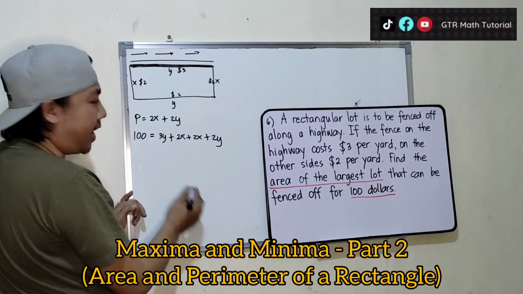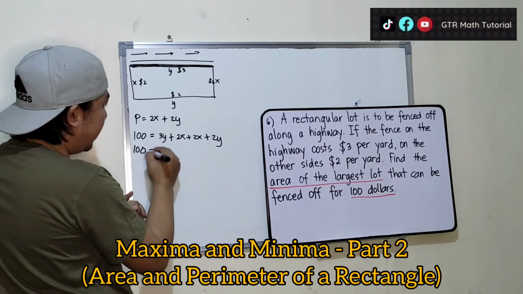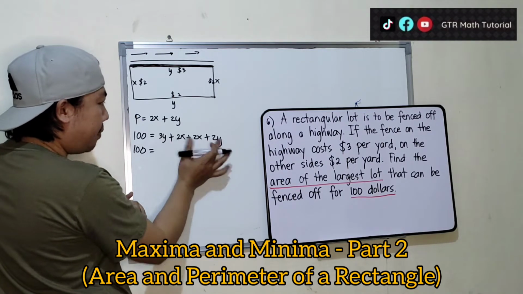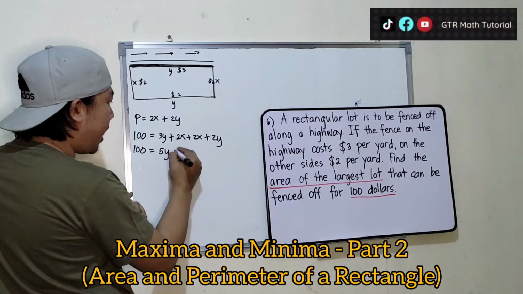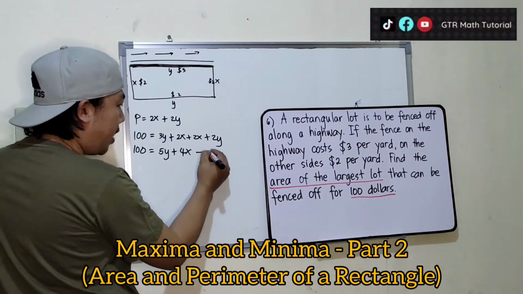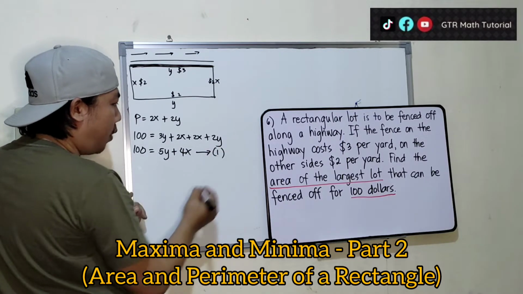Let us simplify and combine like terms: 100 equals 3y plus 2y, which is 5y, plus 2x plus 2x, which is 4x. This is our equation number 1.